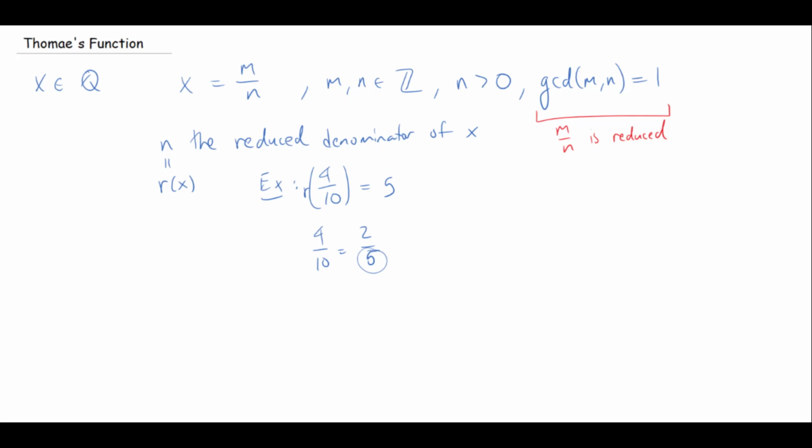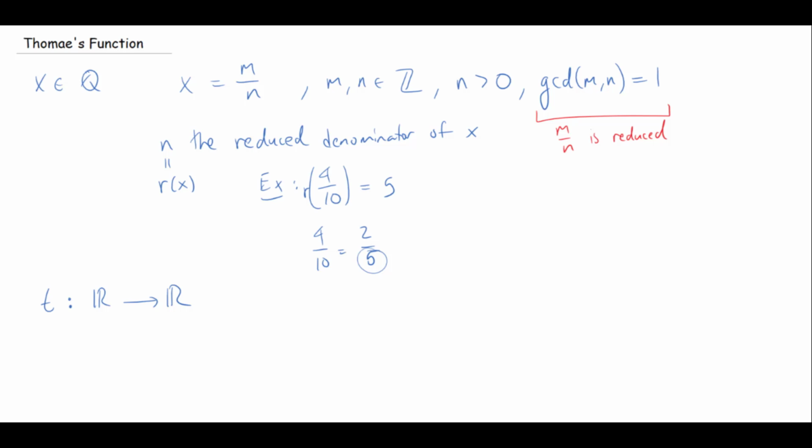Okay, fair enough. So now let's define Thomae's function. This is going to be a function, well, we could define it on all real numbers. Although when we talk about integration, for example, we'll just restrict ourselves to 0, 1, but it doesn't matter. We can define it on all real numbers.